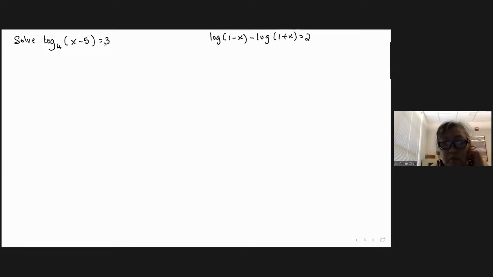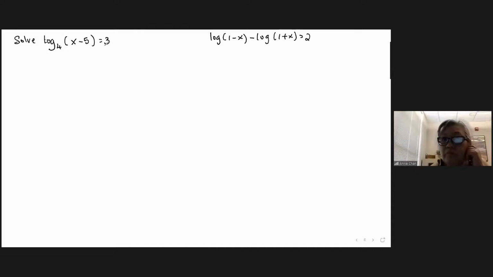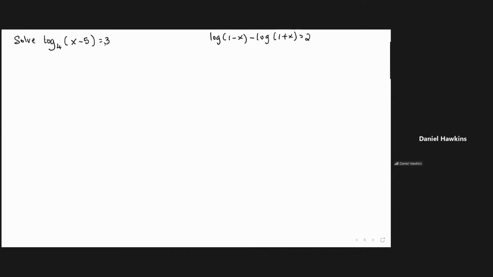Put in what form? Exponential or exponents. Is Daniel right? But I can't remember the actual, what is it? I have to go back.